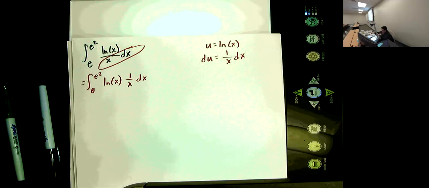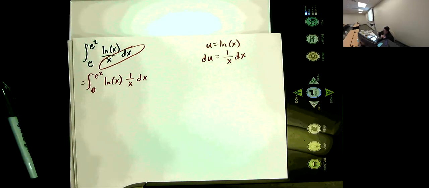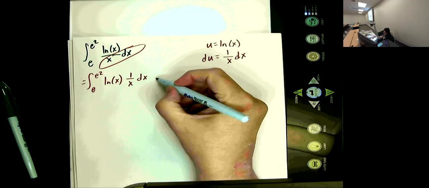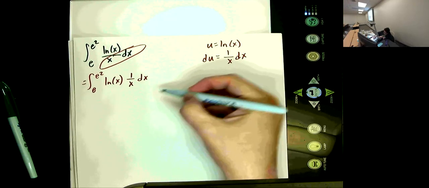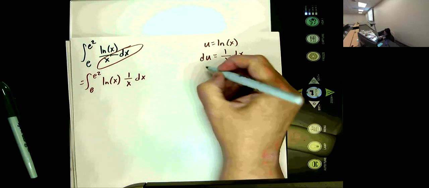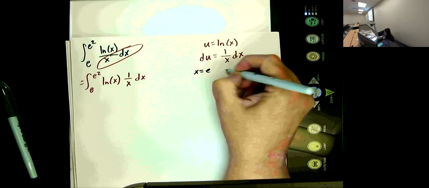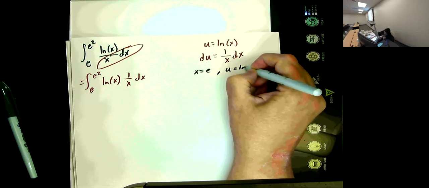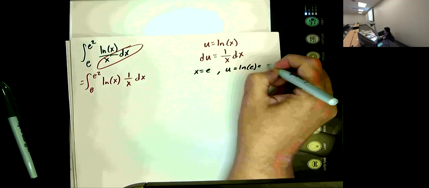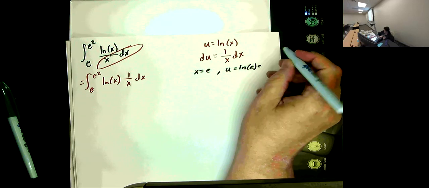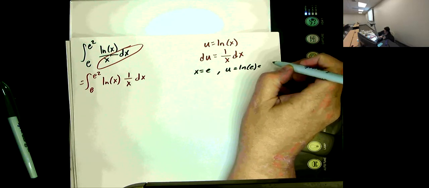All right, so we do our sub here. We're going to do both ways. I'm going to do the substitution first. So if x equals e, u equals natural log of e, which is what? It's 1.